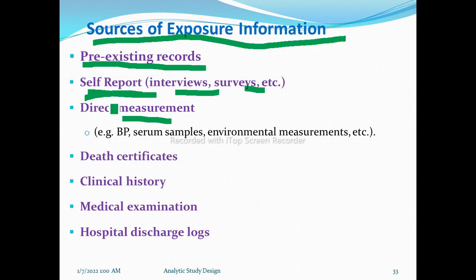Direct measurement includes BP, serum sample, environmental measurement. So exposed and non-exposed individuals are measured by direct measurement or self-report, by asking or by interviewing respondents or participants. Maybe pre-existing records or charts, death certificates, clinical history, medical examination, hospital discharge logs, all are sources for exposure information.